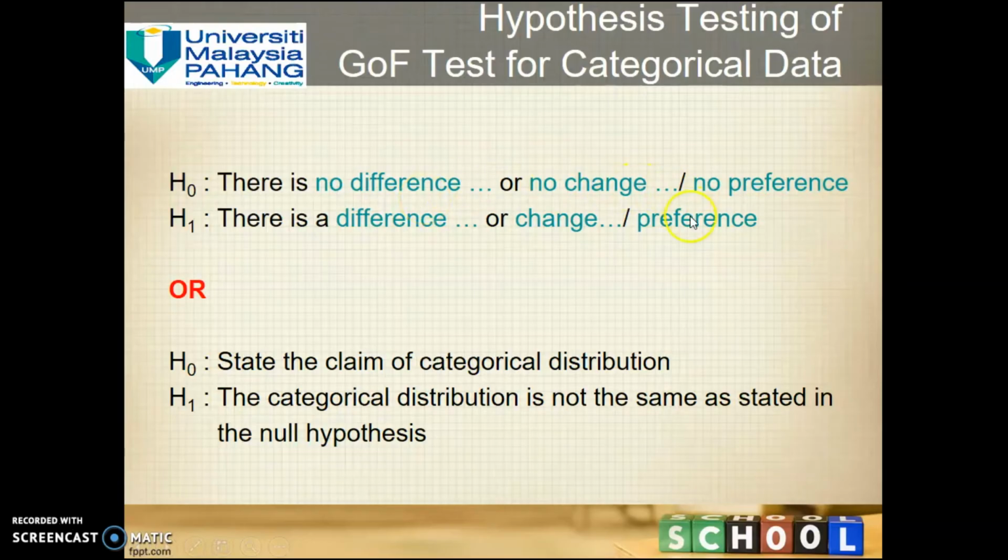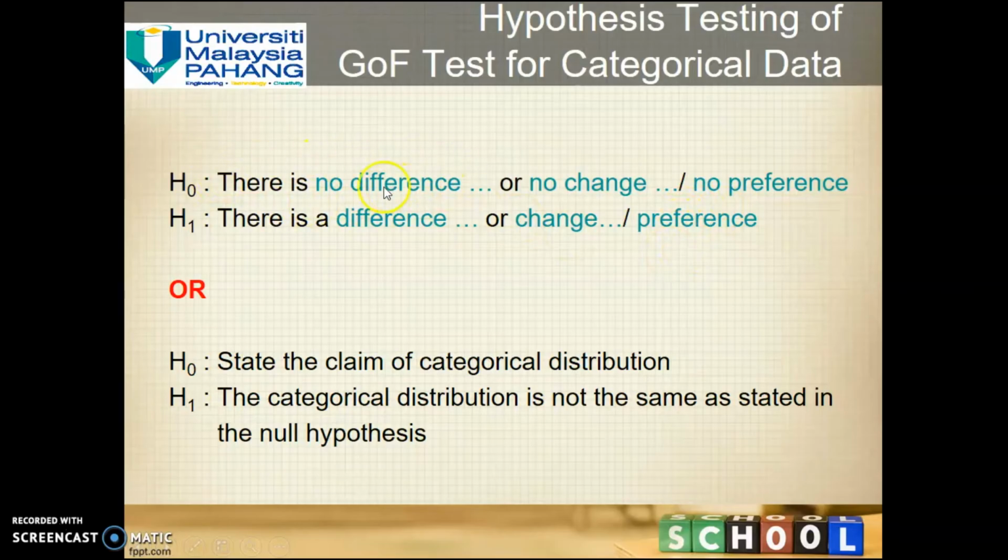If you are discussing the goodness of fit test, we have the same pattern of hypothesis. Your null is always that there is no difference, there is no change, there is no preference. H1 is that there is a difference, or there is a change, or there is a preference.